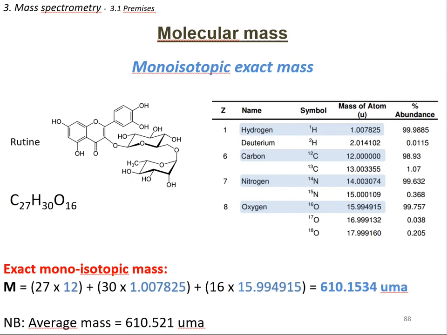So in our case with rutin, C27H30O16, we will use the mass of the most abundant isotopes.